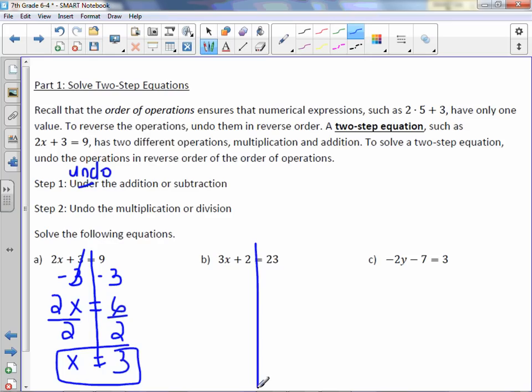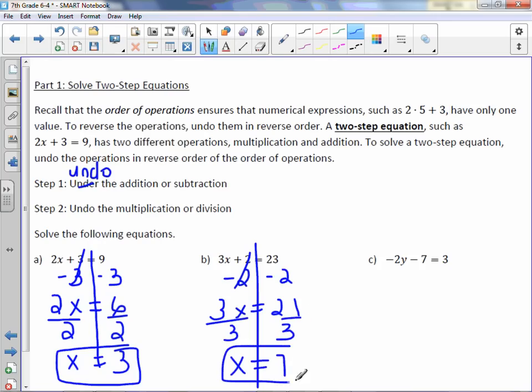Letter B. I need to get rid of plus 2 first, so I'm going to subtract 2 from both sides. We get 3x equals 21. Now I can undo the multiplication by dividing by 3, and I get x equals 7. Letter C. This time I have a minus 7.